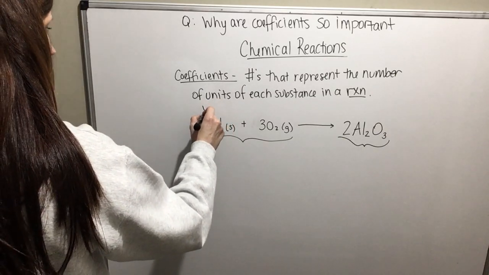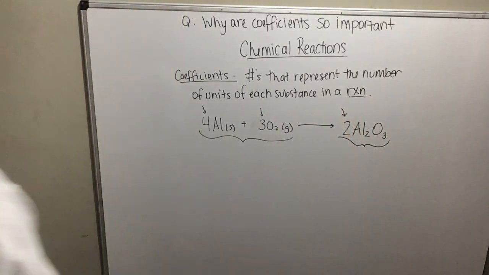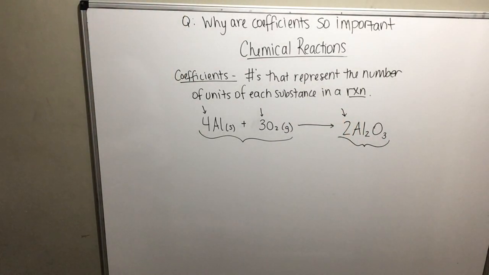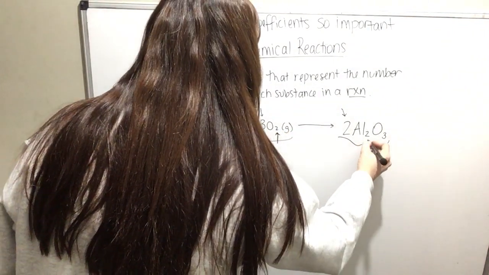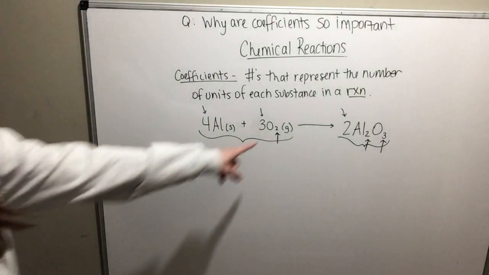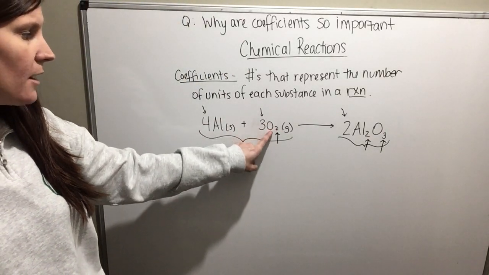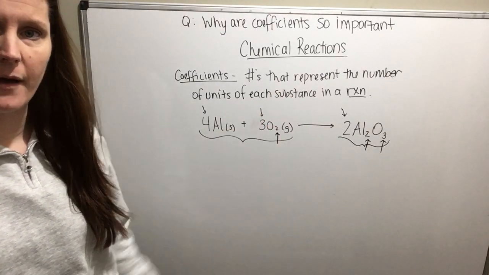This right here, and this right here are all coefficients. This right here and these 2 here are subscripts. Remember, those tell me how many of each atom. This tells me how many units of the whole compound.